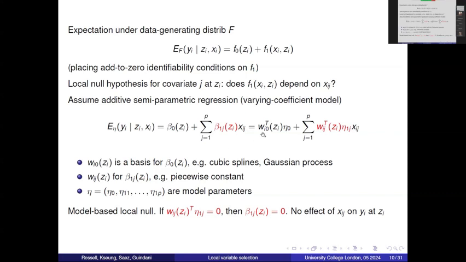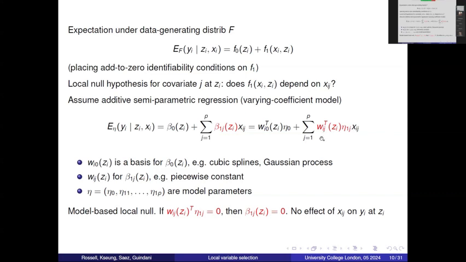That's what I'm calling W. So W is the basis for this space of functions, and then beta naught and beta j are given just by a linear combination of these basis functions. The weights of this linear combination, the etas, are our parameters. The W's are given functions, and we have to learn the etas.